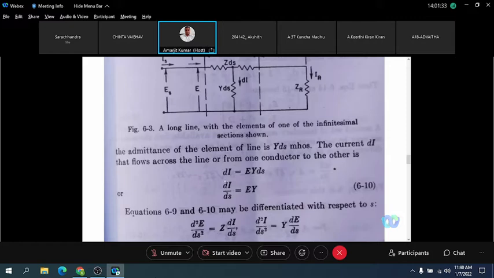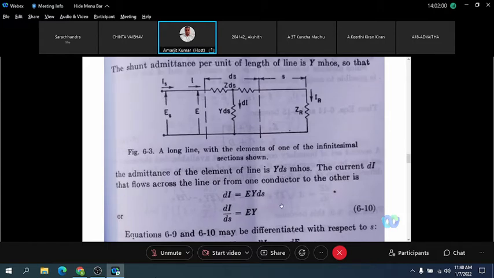That current dI will be equal to voltage into shunt admittance, which is E into Y ds. So dI by ds will be equal to E into Y.